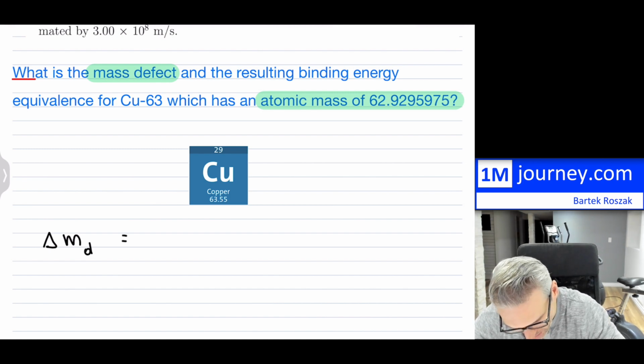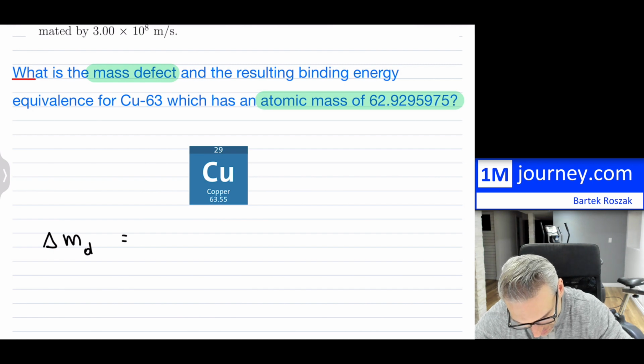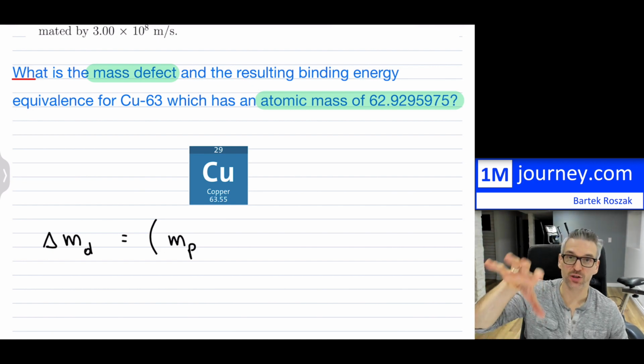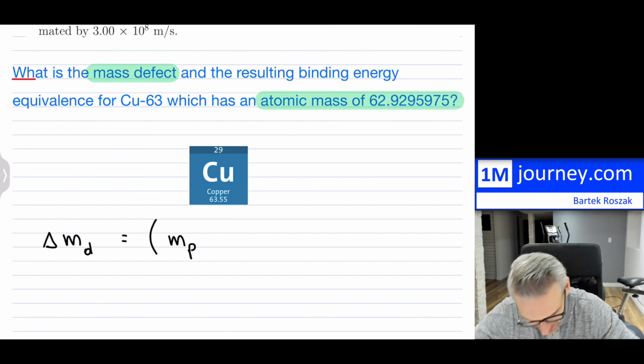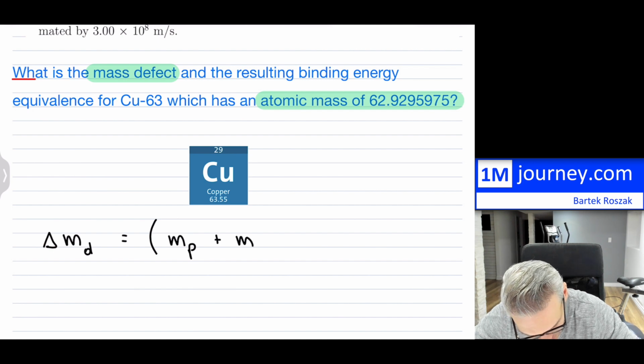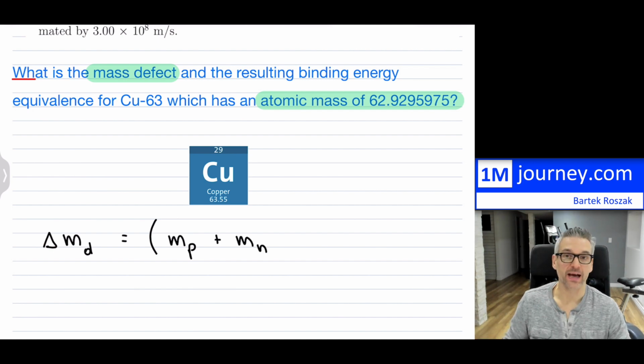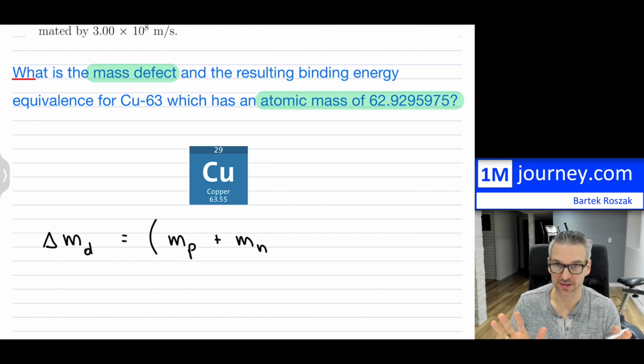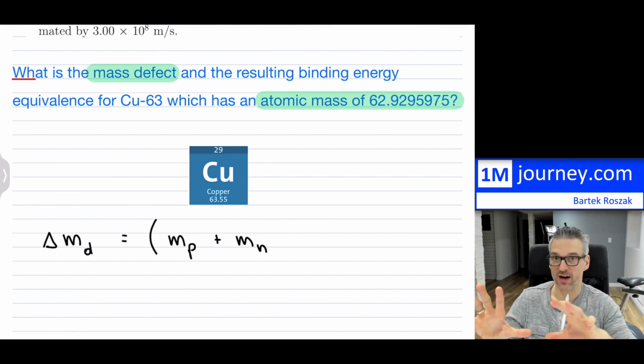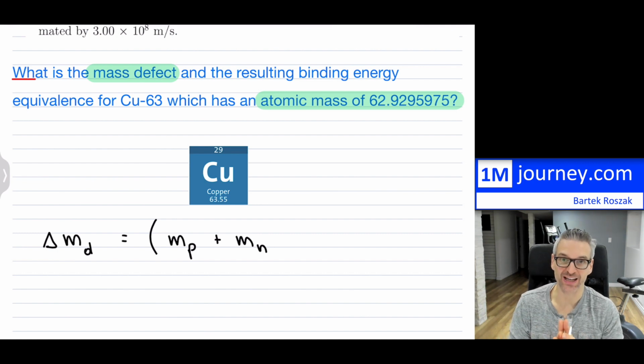First, we're going to have to find the mass of all the protons in that copper atom, plus the mass of all the neutrons. And I'm not going to be adding the electrons in here. So be careful, double check. We should not necessarily be adding these in. That's standard. If you find that the textbook uses it, that's not normally done.